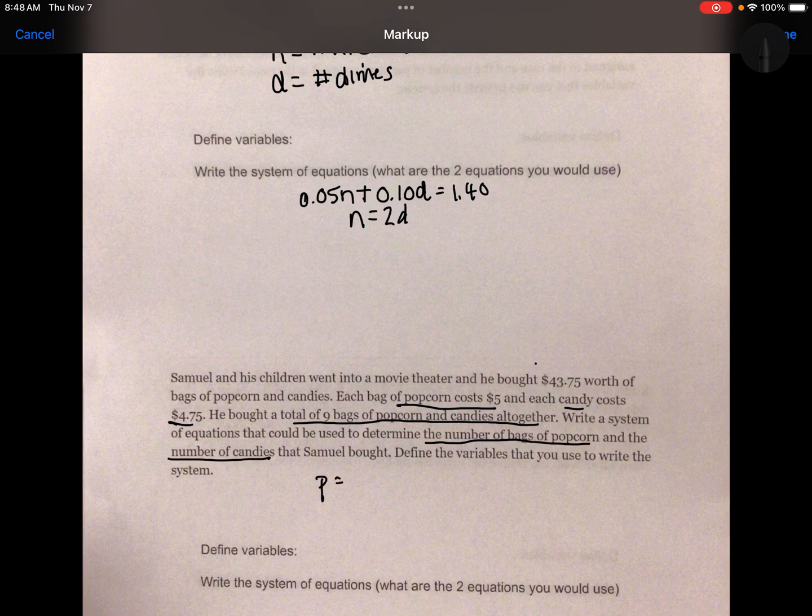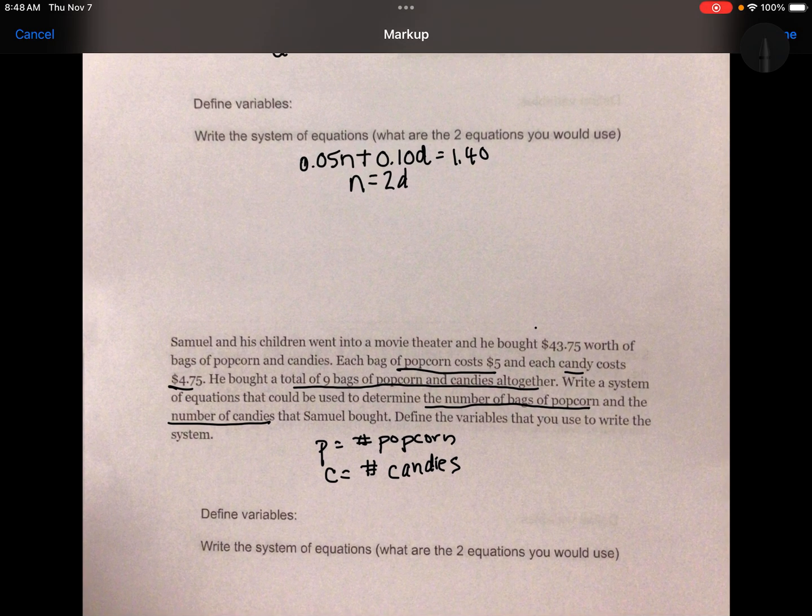So P for number of popcorn and C for number of candies. All right, so let's see. Each bag of popcorn is $5, so 5P plus candy is $4.75, so 4.75C equals a total of $43.75.